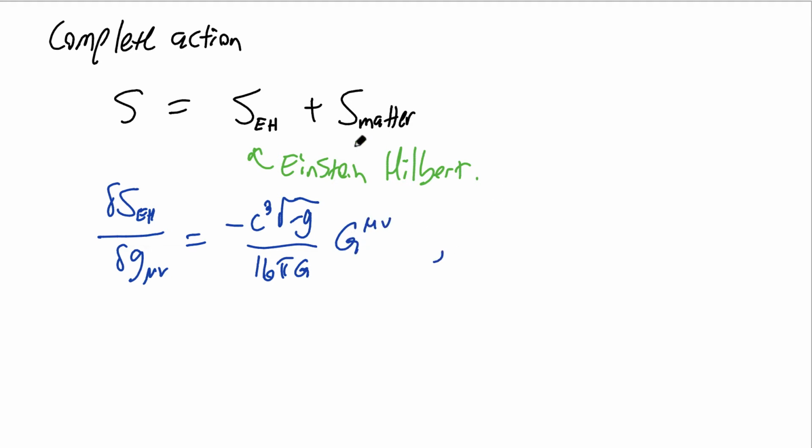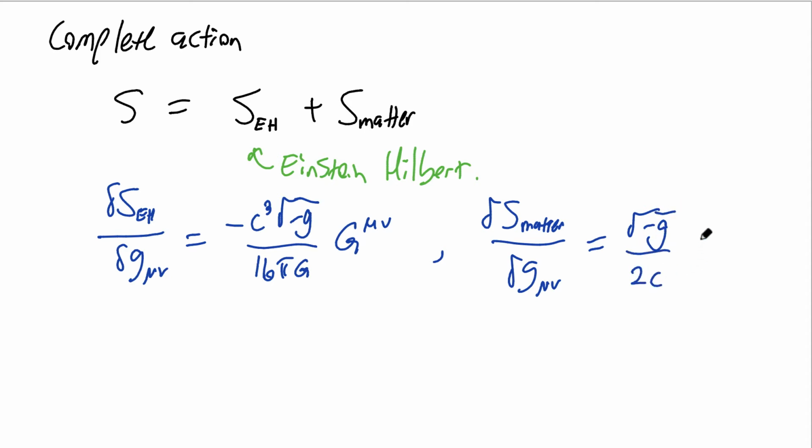Right? And now couple that with the fact that the variation of the matter action with respect to the metric is, as we saw above, square root of minus g over 2c times the stress energy momentum tensor.